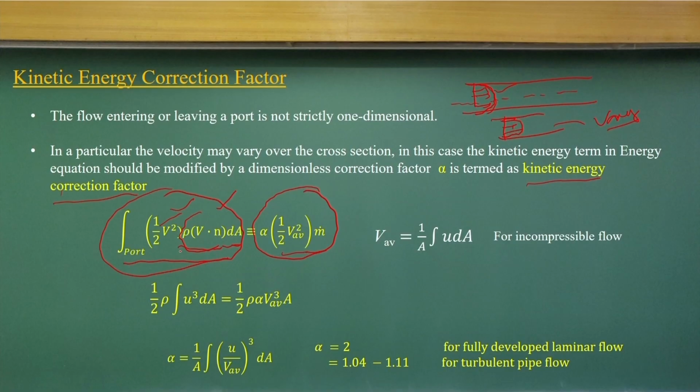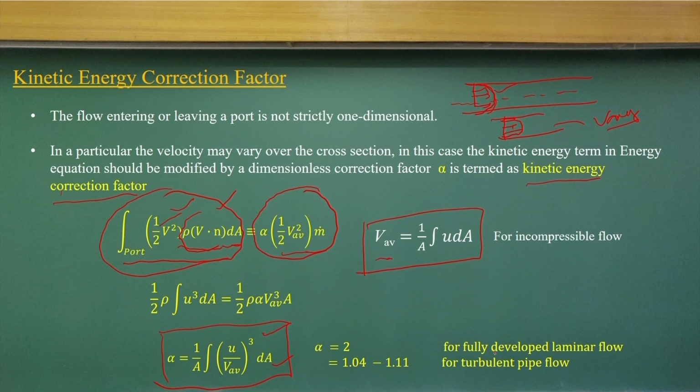If I equate these, then alpha comes in a very simple form. We can compute V average, the average velocity, like this. So alpha is the integral of u to the power 3, or cubic power, dA over V average cubed times A, and this integration will give us the alpha value.